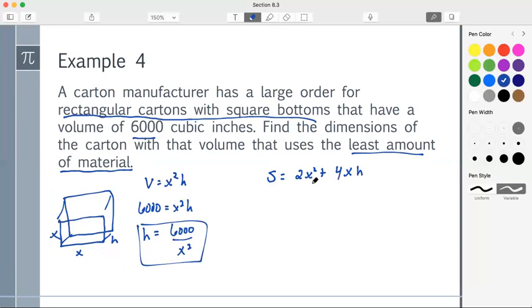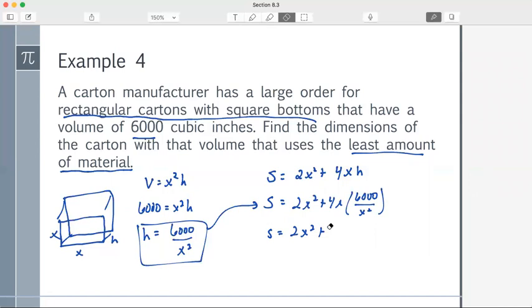Now the problem is we have 3 variables. The reason I solve for h is I'm going to plug it into this equation now. So s equals 2x squared plus 4x times 6,000 over x squared. I'm going to go ahead and multiply that and distribute.